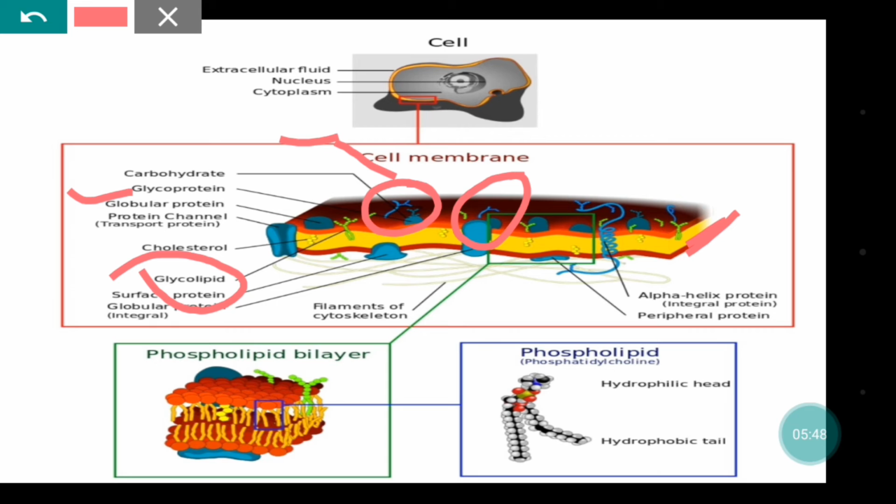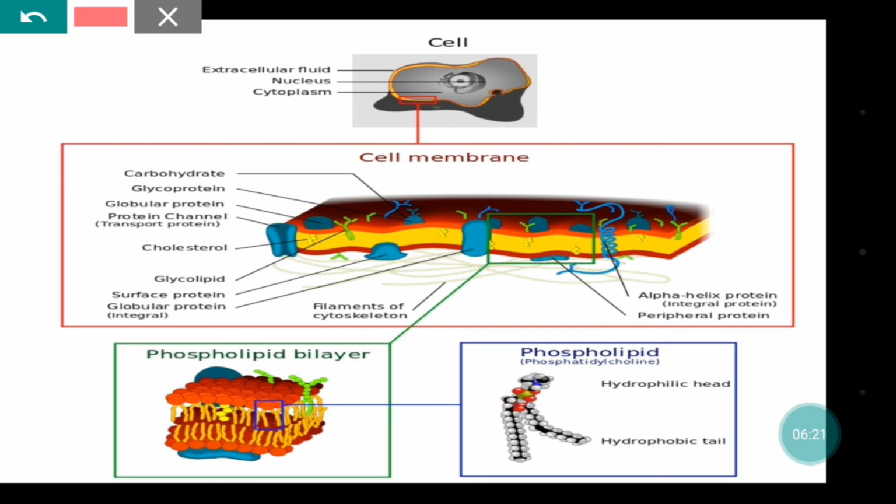So now it is clear that a plasma membrane is made up of a phospholipid bilayer, proteins and carbohydrates, as well as cholesterol in the animal cell. And this kind of arrangement is present in almost all the membranes of the cell as well as cell organelles.